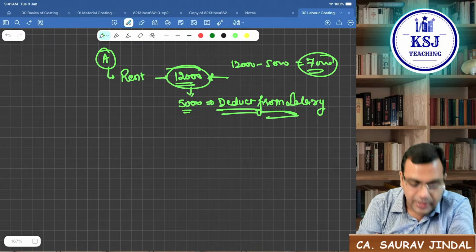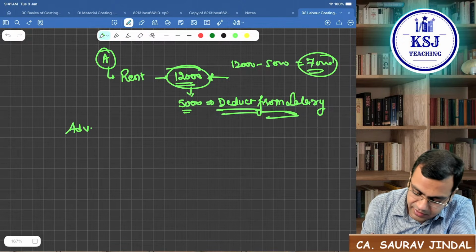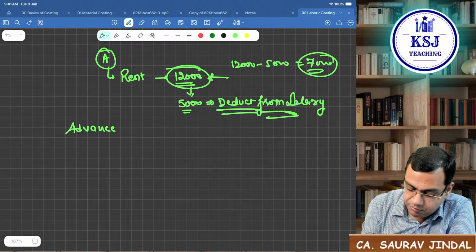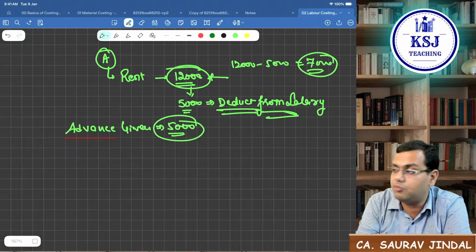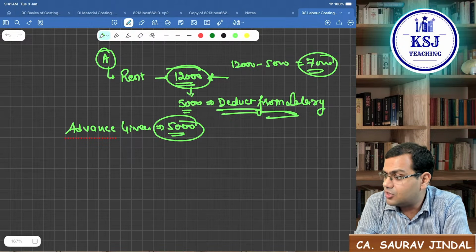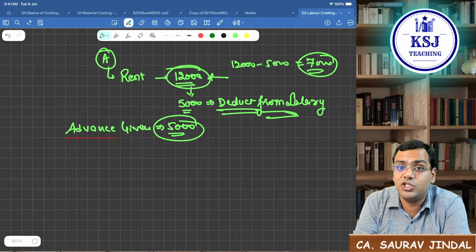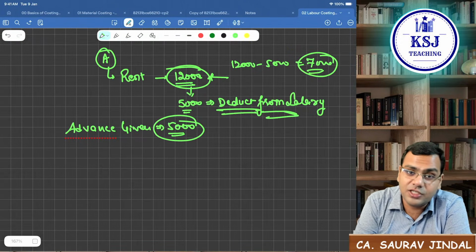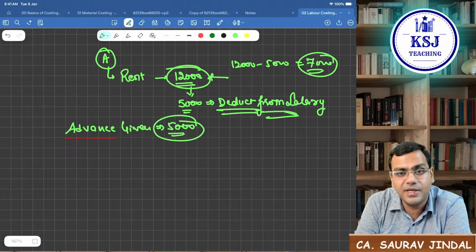Right? Another example: an advance given to an employee. 5,000 rupees, the advance is given to the employee. Now, is it a cost for the employer? No, sir. It is not a cost for the employer, because when we did the basic definition of cost, we were saying the cost is any expense where the money flows out but will not come back.